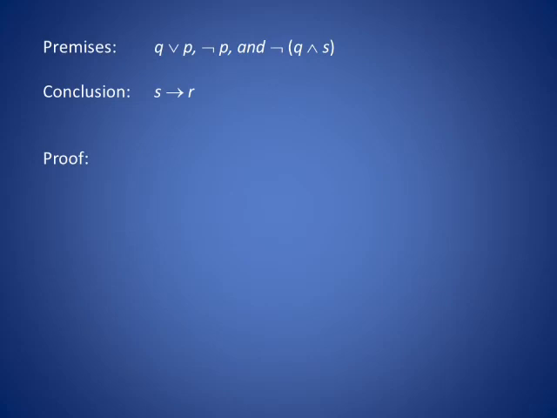Our intermediate goal of showing Q is true is easy to obtain, and then from that, the other intermediate goal, showing S is false, is also easy to get. Since S must be false, conditional disjunction could be applied to get our conclusion.